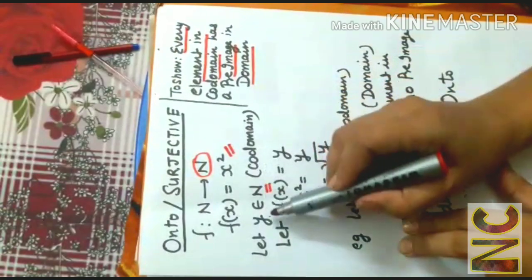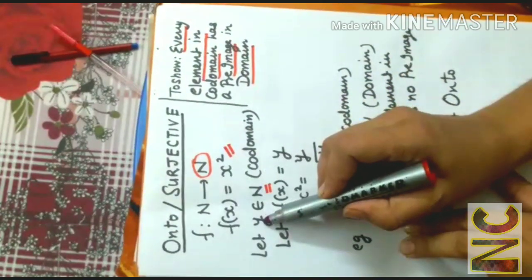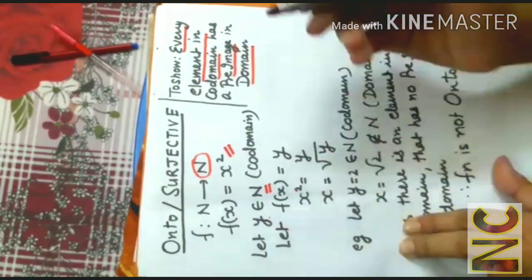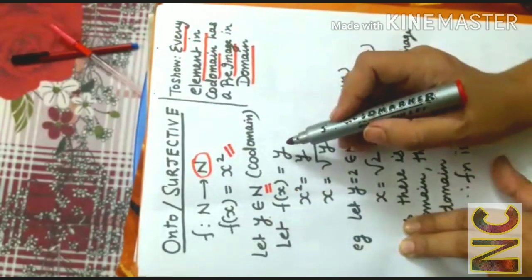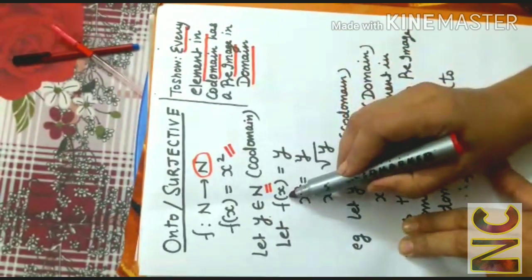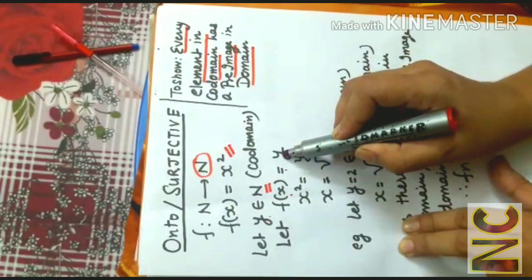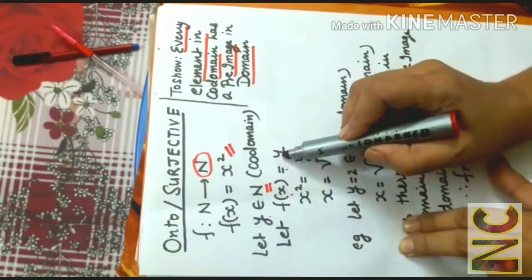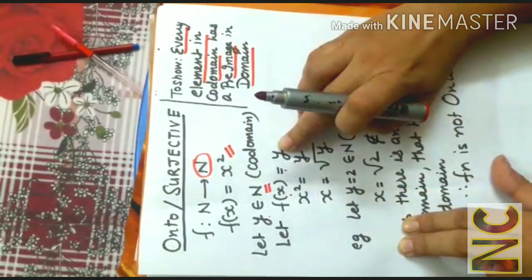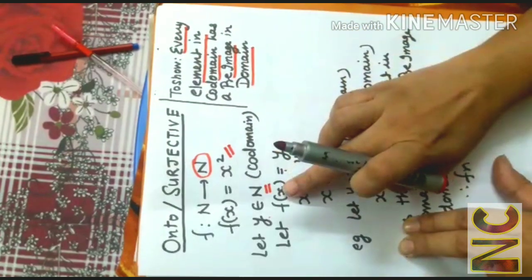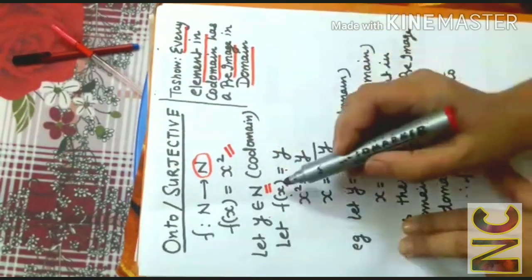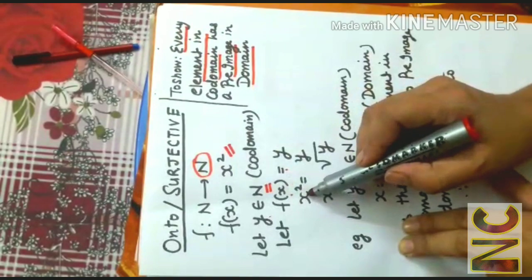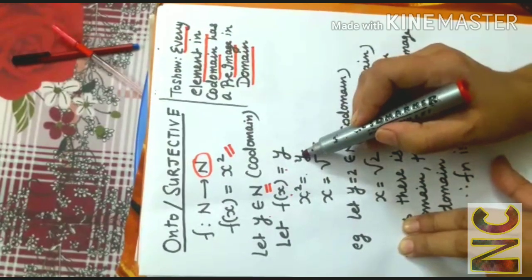So let the pre-image of this y be x. Now as pre-image of y is x, so f(x) should be equal to y, because when f(x) is equal to y, here y is called the image and x is called the pre-image. Now f(x) is equal to x squared equals y.